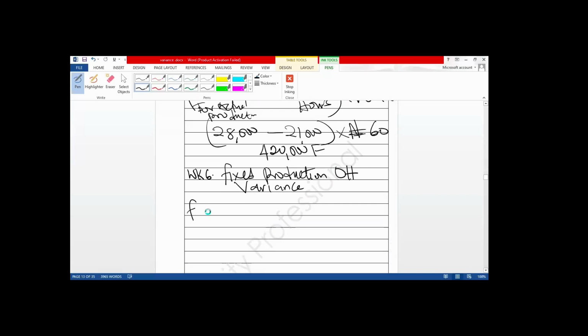We have the fixed production overhead expenditure variance. This is equal to budgeted fixed overhead minus actual fixed overhead.